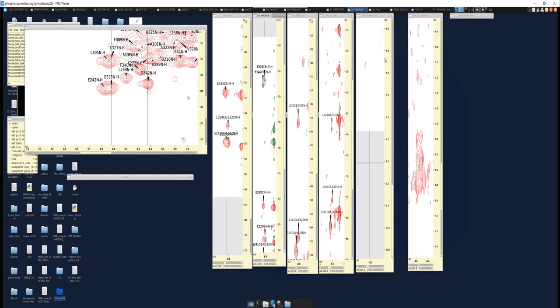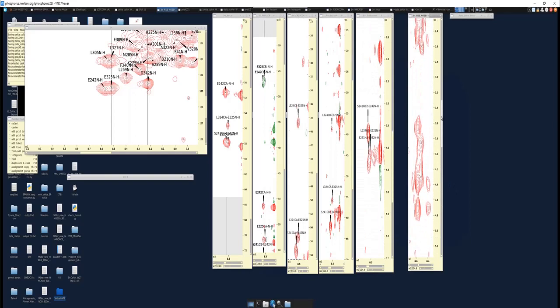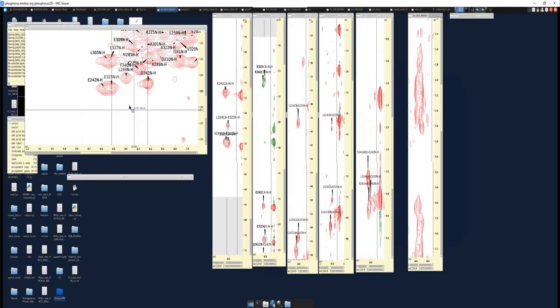These are incredibly useful experiments for this purpose because you can use more than just the amide. You can use other atoms as well. Let's go to one that has better resolution. Let's go back to this glycine up here.